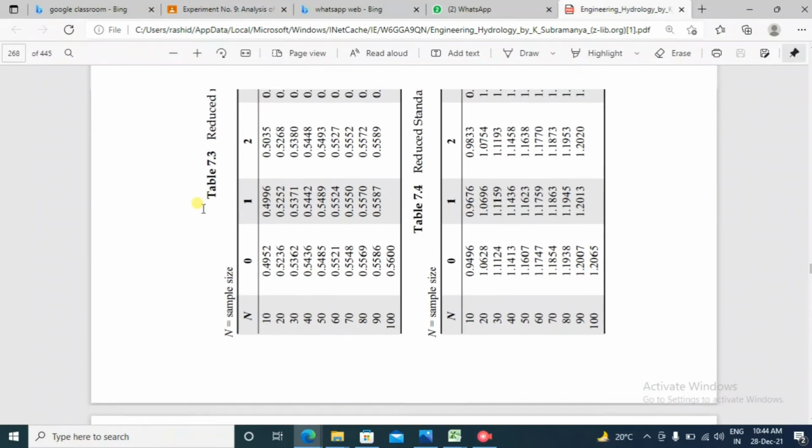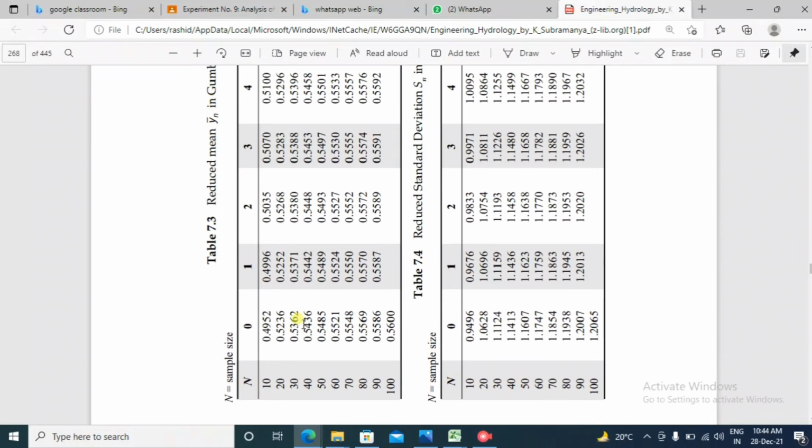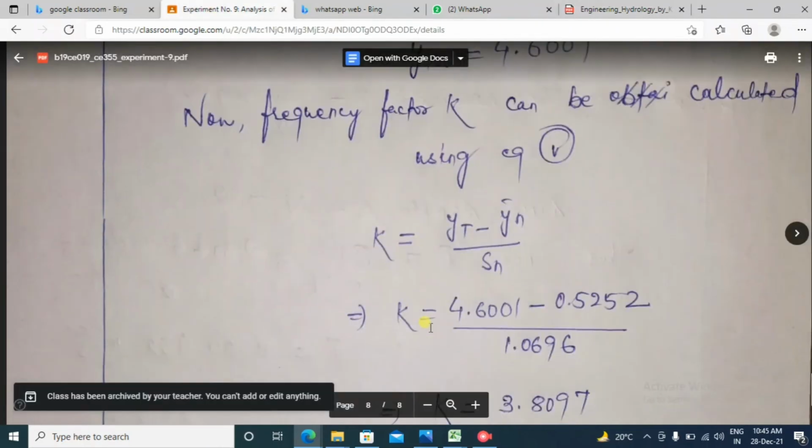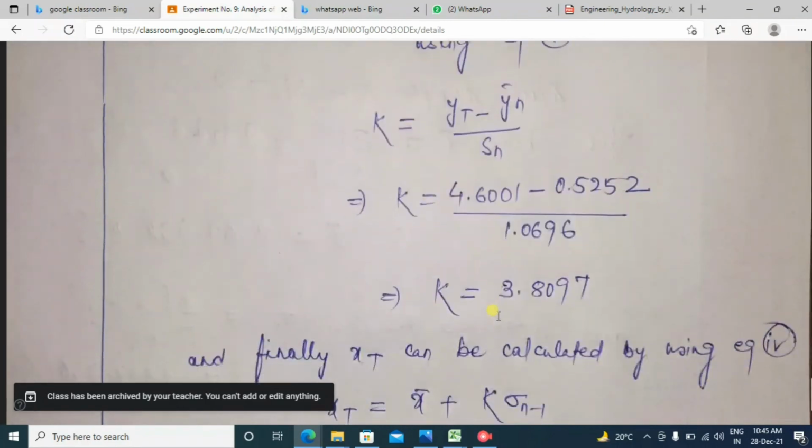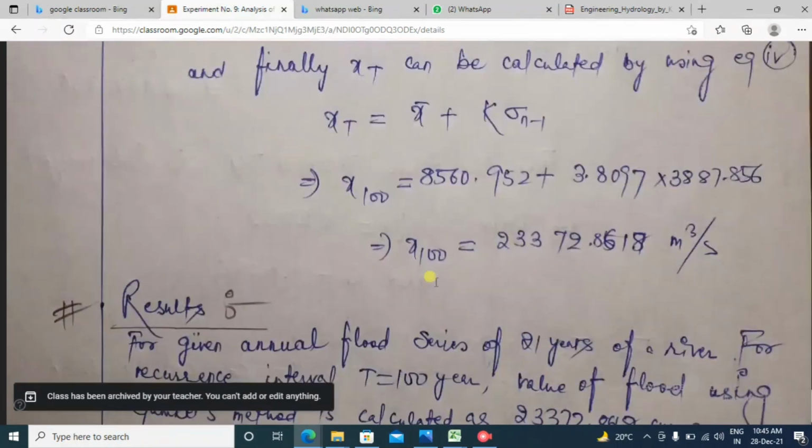So the value of y bar n for sample size 21 is 0.52, and the value of Sn for sample size 21 is 1.0696. We will take these values. Now let us proceed. We put the values of y bar n and Sn in this equation, and the value of k we got is 3.8097.